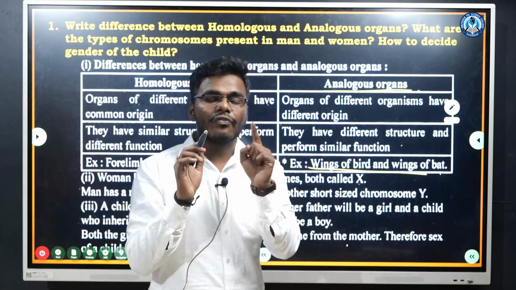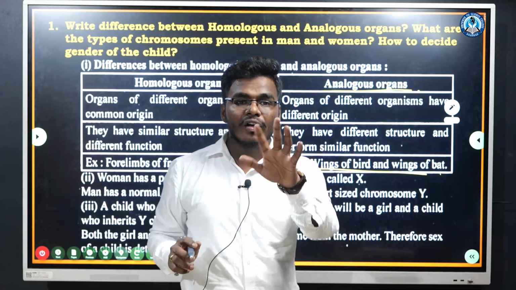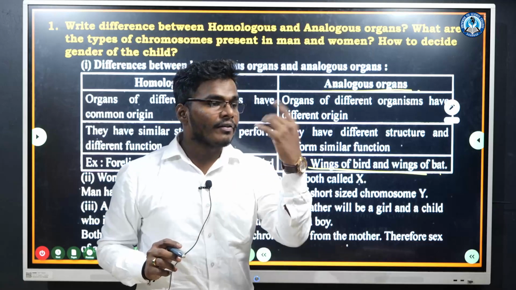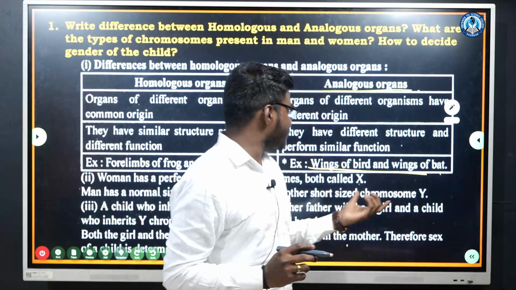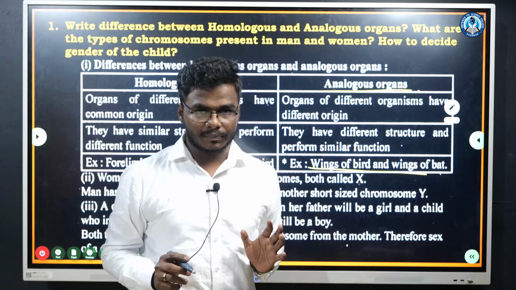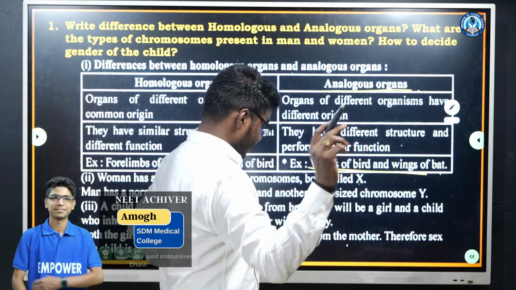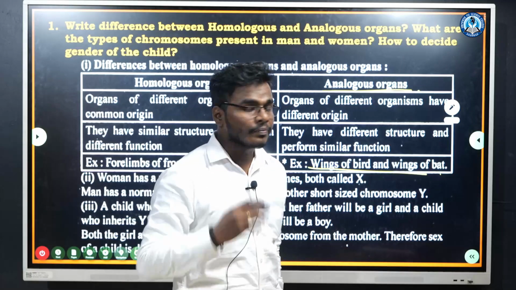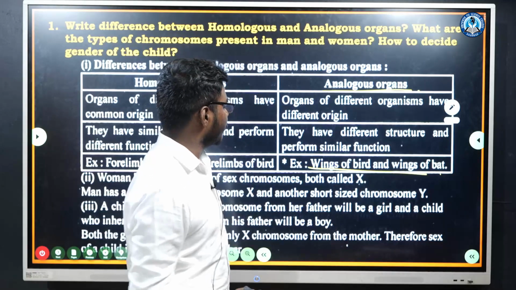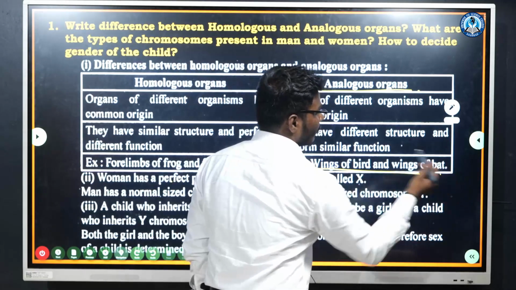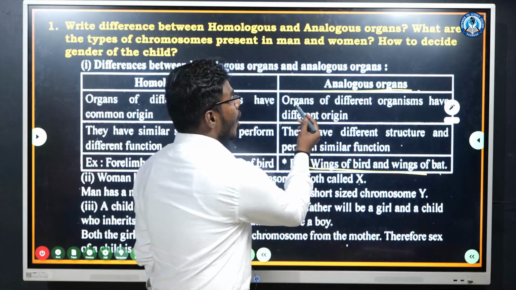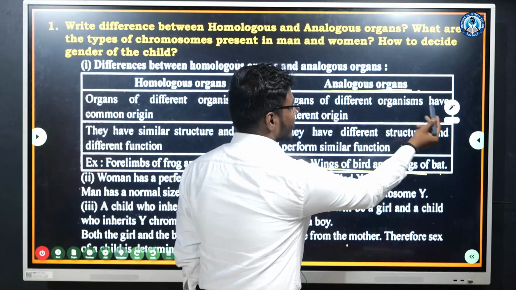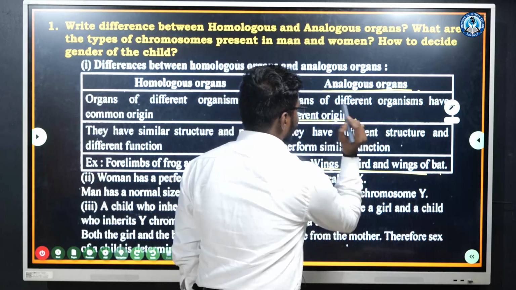The wings of birds are made up of feathers, whereas in insects they are made up of chitin material. You can write this example also, but the example quoted here is the wing of a bird and the wing of a bat. So organs of different organisms have different origin.